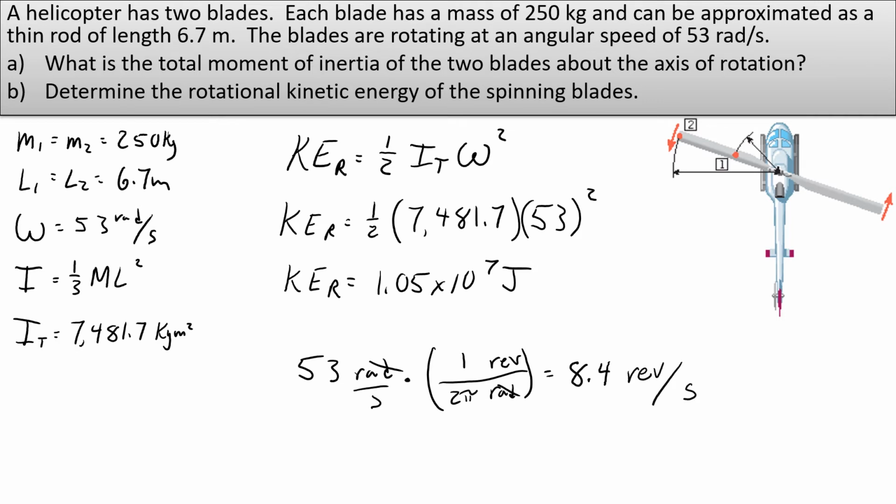These things spin around 8 times in 1 second, and each one has a mass of 250 kilograms. So yeah, just checking for ourselves, this is a big number, but it's a helicopter we're talking about. It takes a lot of energy to generate that much lift to lift up the helicopter. So always a good way to check to make sure your numbers are making sense, for sure.